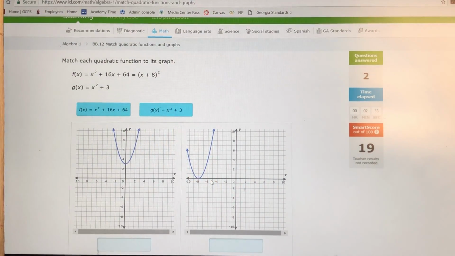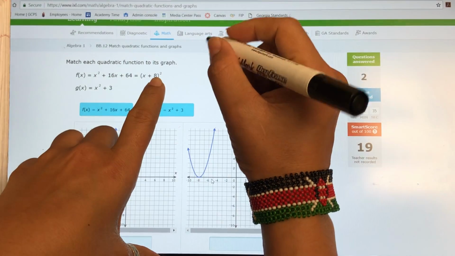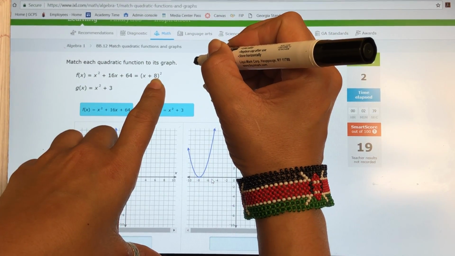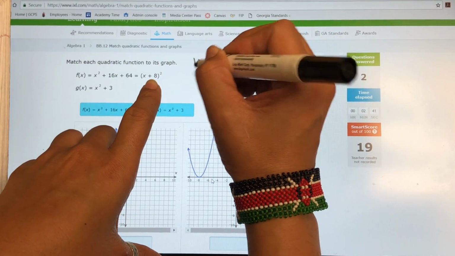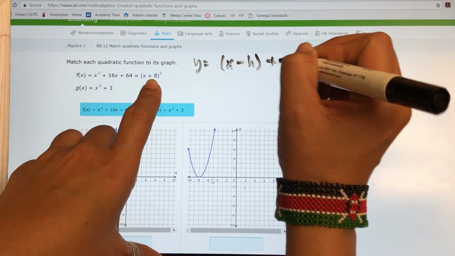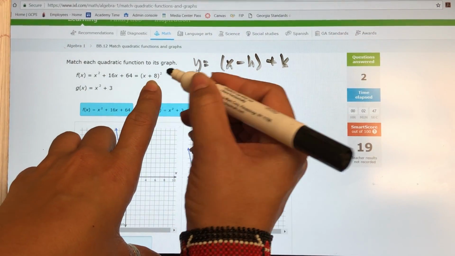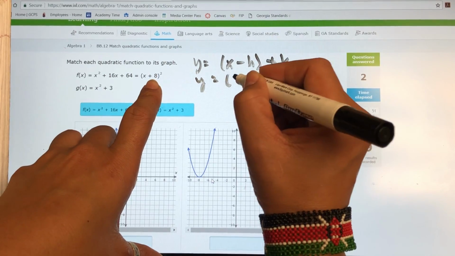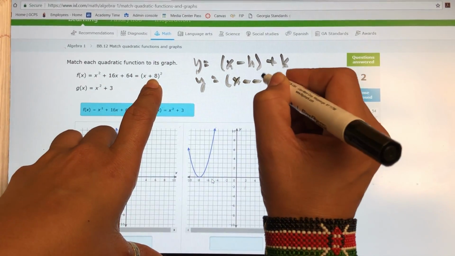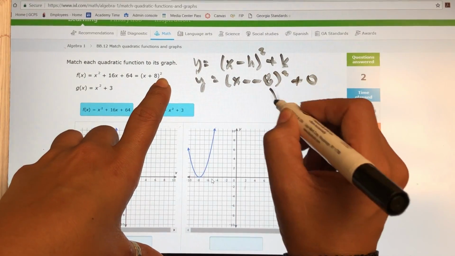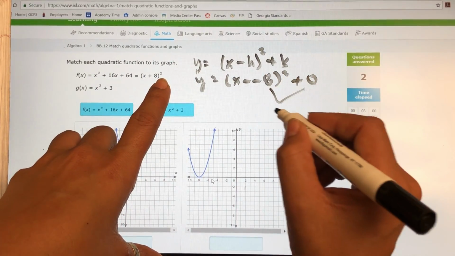The only difference is, remember, for vertex form, it has to look like this: x minus h, squared, plus k. And that's not minus, so I just need to make it minus. How do I make it minus? I can just write that positive as negative, squared, and then there's plus 0.